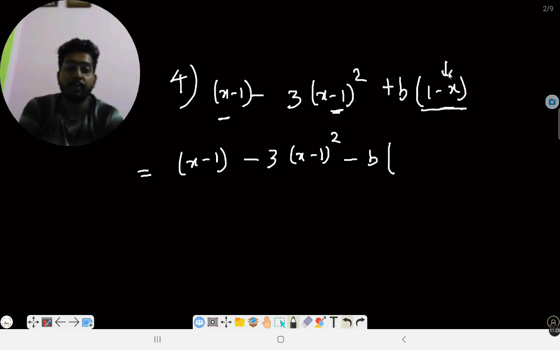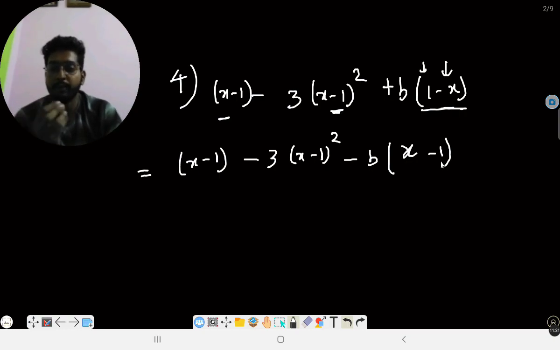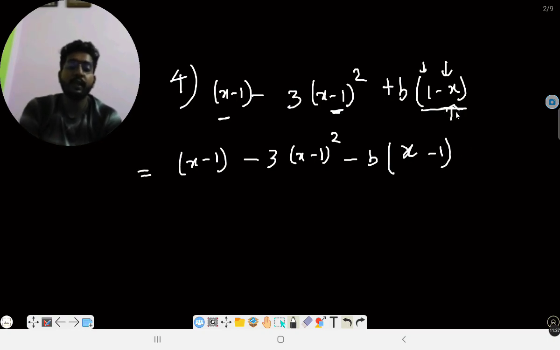The negative term will become positive and the positive will become negative, like this. Whenever we are taking negative from something, that means the negative will become positive and the positive will become negative. So here you can see x is negative, it will become positive, and 1 is positive, it will become negative, like this.